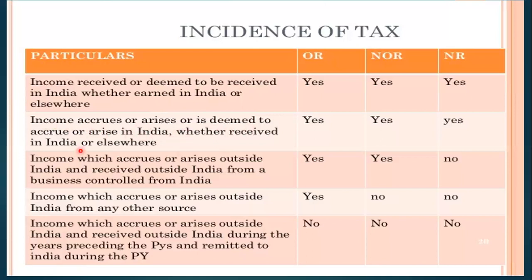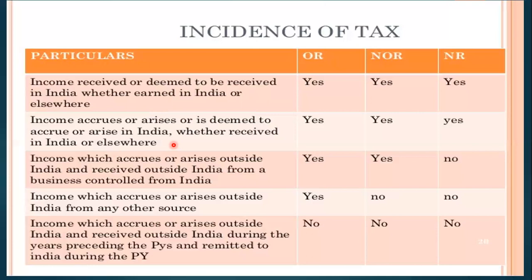Then the second is income which accrues or arises or is deemed to accrue or arise in India, whether received in India or elsewhere. In simple terms, income earned in India. If you earn any income in India, whether you receive it in India or abroad, it doesn't matter.